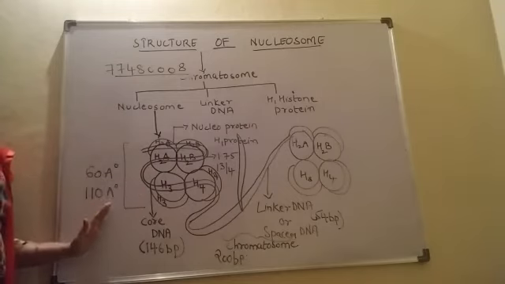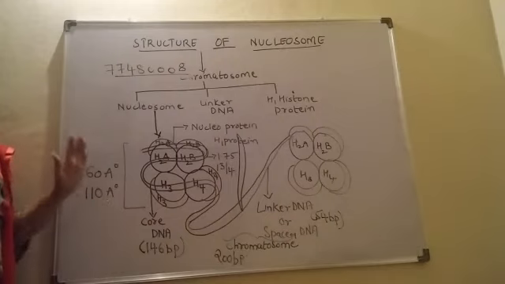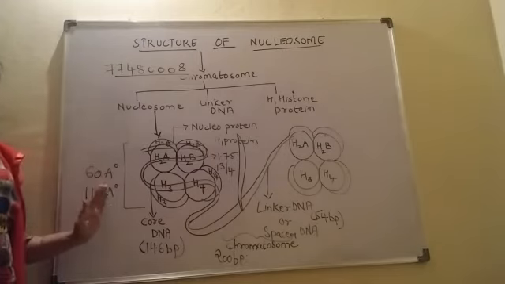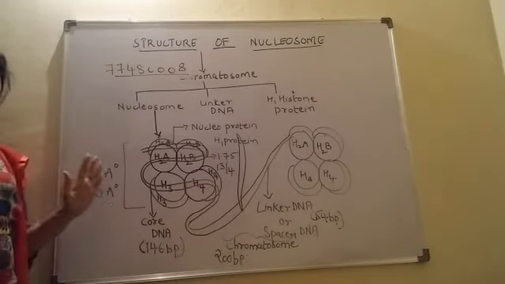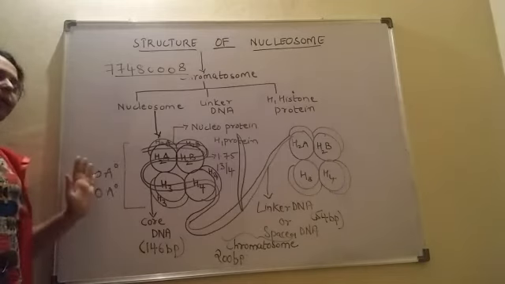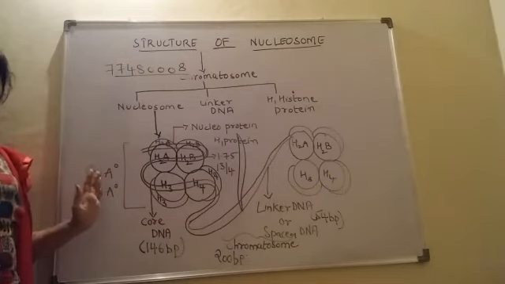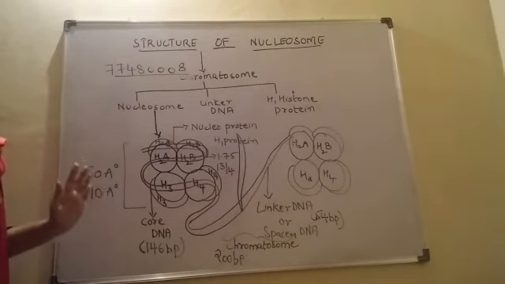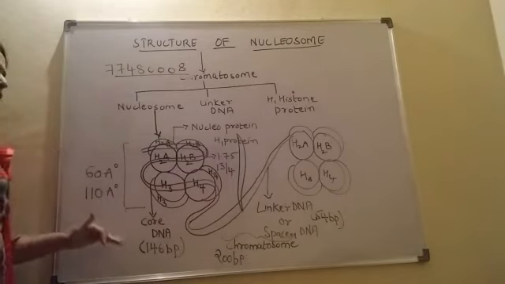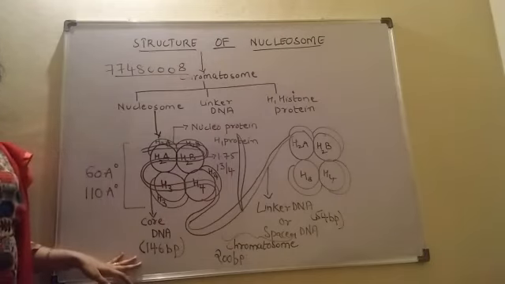This is the basic structure of the nucleosome, and nucleosome is a very important question for first year intermediate, second year intermediate, as well as NEET. Basically, it is completely based on the calculation part. They may ask you the type of proteins. They may ask you the calculation of base pairs.